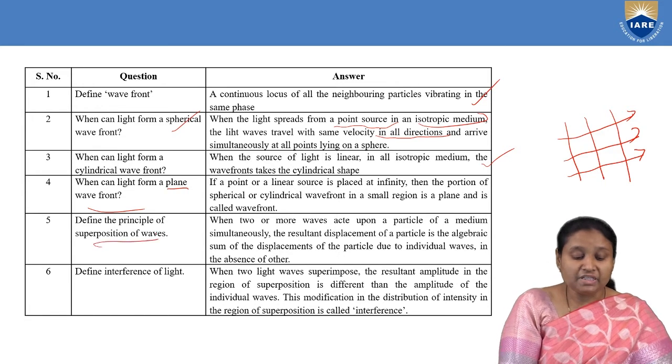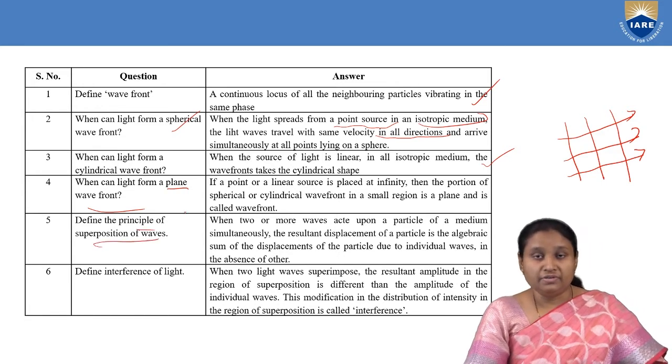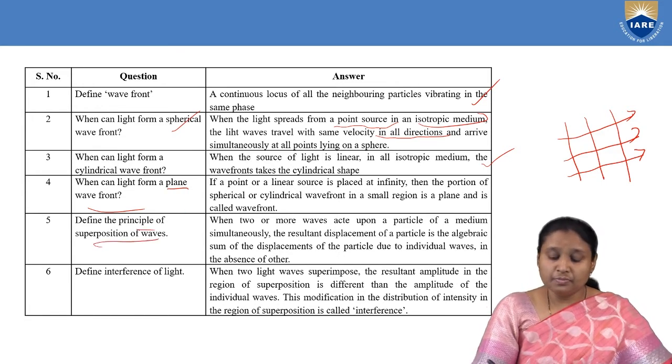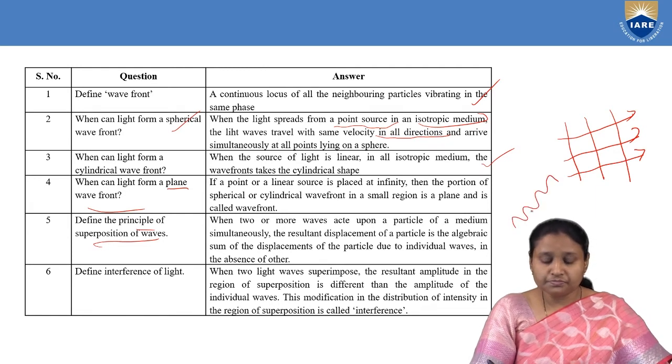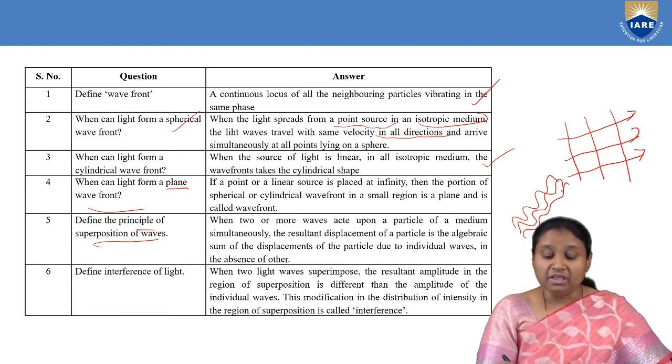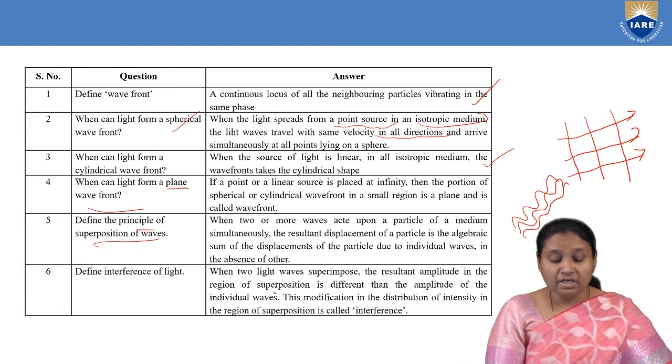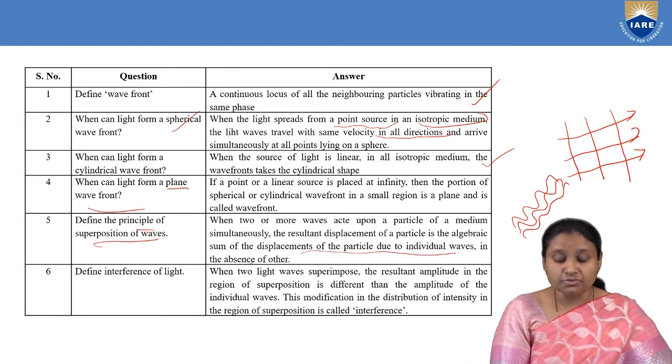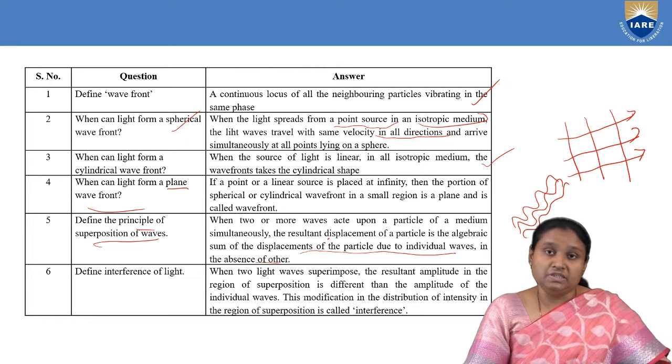Then define the principle of superposition of waves. So what is the principle of superposition of waves? Suppose we have overlapping of two or more waves, then the resultant displacement because of the overlapping or superimposition of two or more waves will be the algebraic sum of displacements of the particle due to individual waves in the absence of others.